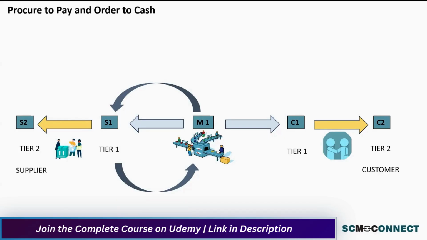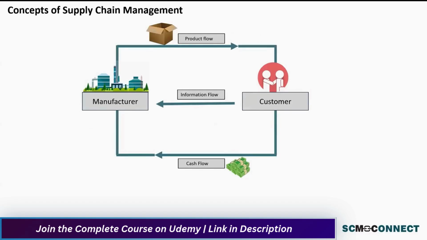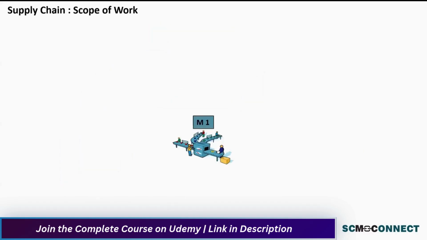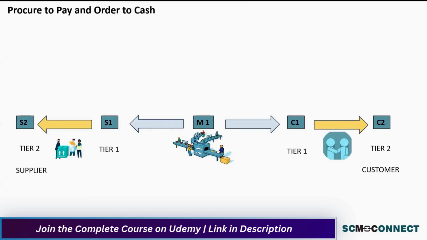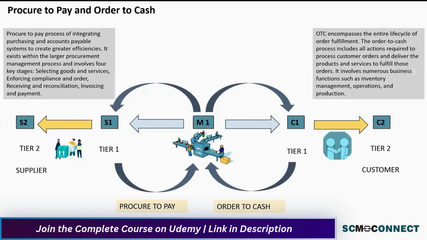So if you remember the first slide that we talked about, these are nothing but procure-to-pay and order-to-cash cycles. When the manufacturer himself is a customer, it's called procure-to-pay. When the manufacturer is dealing with the supplier, he becomes a customer. So he procures something and finally ends up paying for it. That's called procure-to-pay cycle.